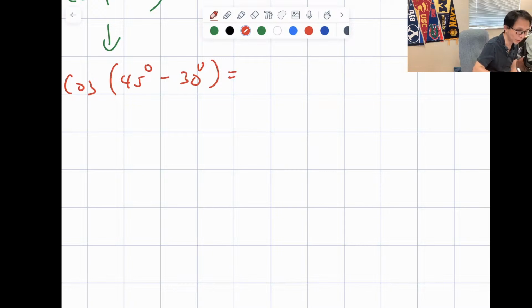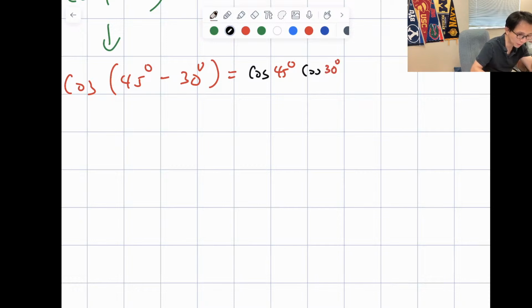Okay, so can we write out a formula? Just write down all the cosine first. Cosine A, which is what? What is A in this case? 45. Good. And what's the other one?